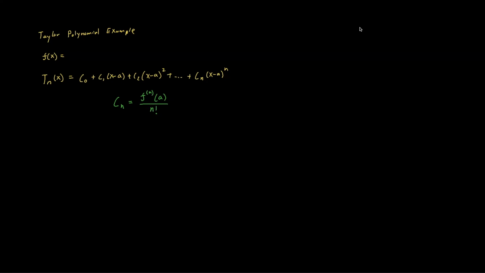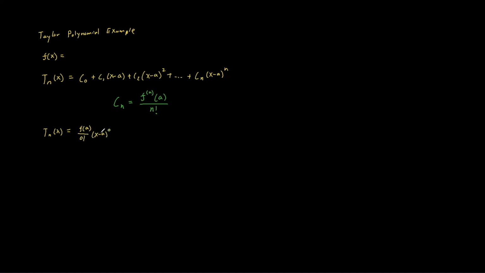And if we were to actually plug it in, we would be able to rewrite this. The nth degree Taylor polynomial of x centered about a is going to be, well, actually c sub 0 we would replace. We wouldn't take any derivatives, so we just take the function f evaluated at a, divided by 0 factorial. And obviously this is multiplied by x minus a to the 0th power.